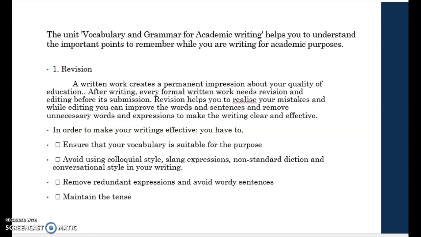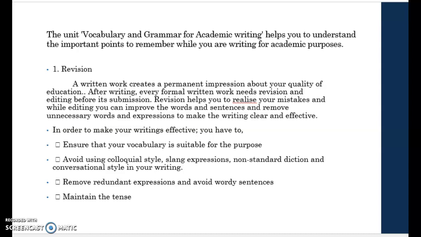There is a lot of difference between ordinary writing and academic writing. Academic writing is for academics, so there should be certain rules and regulations, and certain words can be used while certain words cannot be used. You should avoid using short forms. You should be very careful about all this.